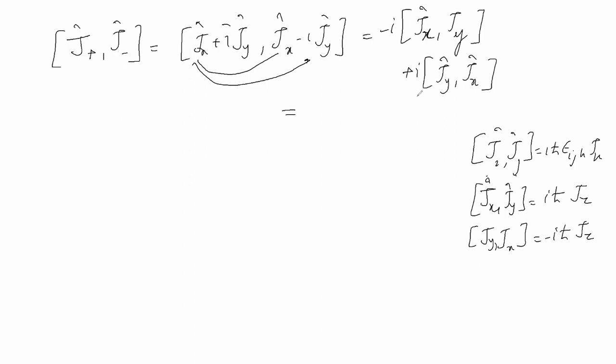One is minus i h cross Jz, and this is plus i h cross Jz. I times minus i will make this plus 1, and I times minus i will make this plus 1. This will be how much then? Twice, twice h cross Jz. Similarly, you can work out and tell me what is the commutator of Jz with J plus minus.